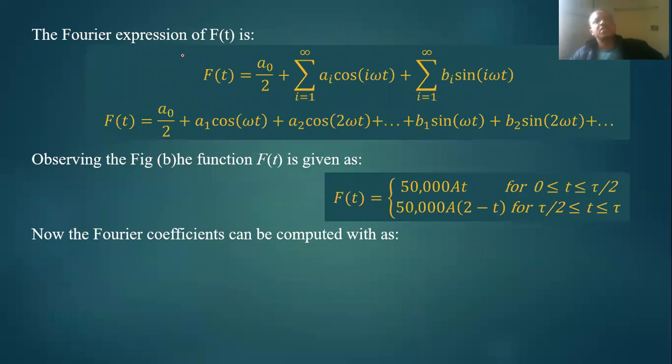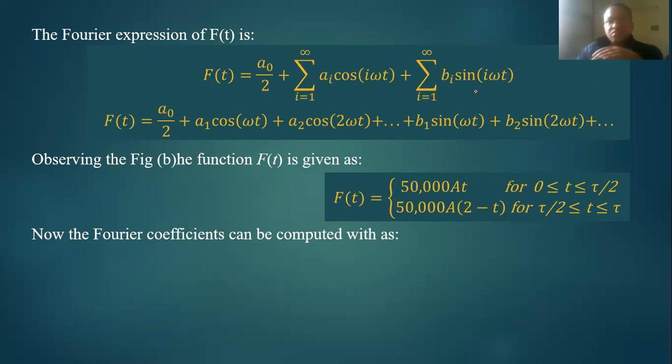So the first expression f of t for this case is this, that is the expression of the forcing function. Now what is going on: this is the constant term, and the sine and cosine terms mean the a terms are a1 cos omega t plus a2 cos 2 omega t plus a3 cos 3 omega t plus so on.